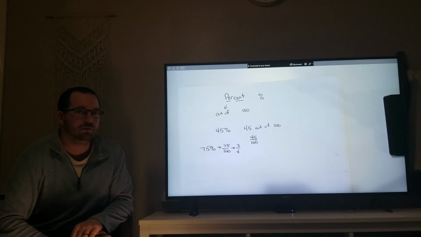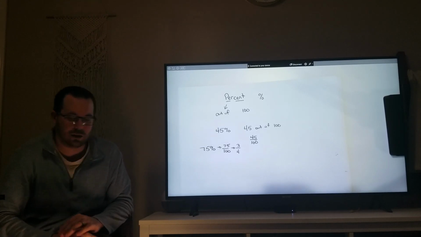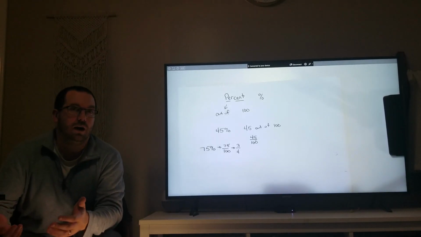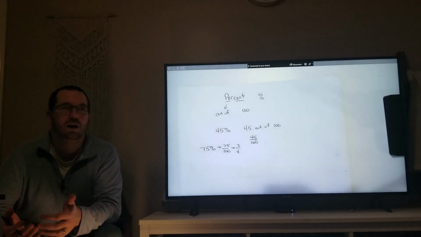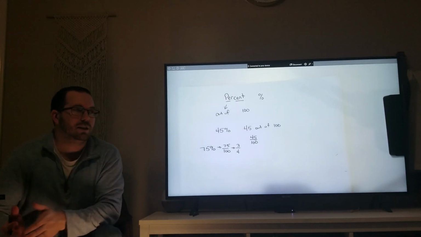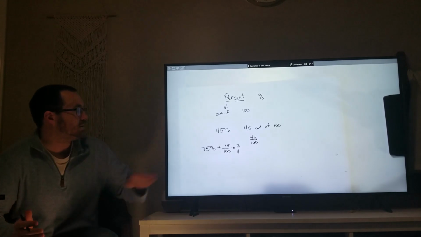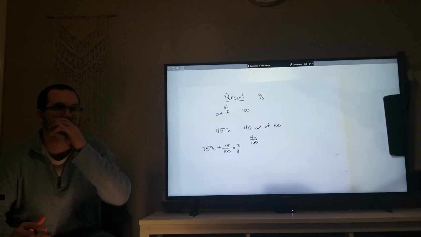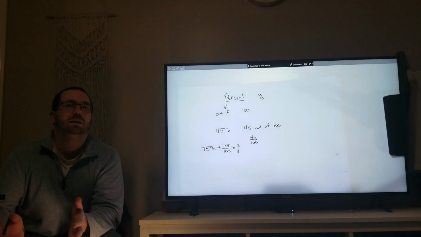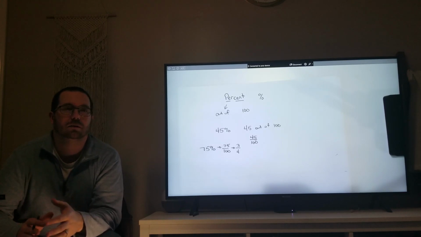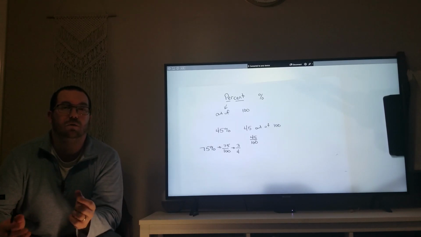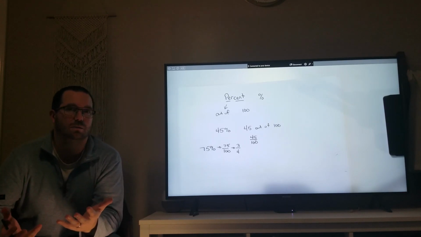What happens if we have larger percentages? Well, let's take a look at that. Believe it or not, you can actually get percentages that are higher than 100. Let's say you had that same test, and instead of getting 45% on it, you not only got 100% on it, but you also got that bonus question that the teacher was asking.